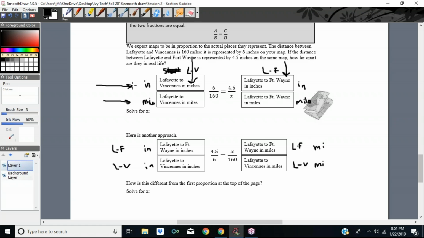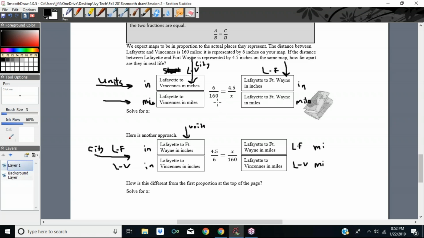So in the top example, the units go across, the cities go down, corresponding city. In the second example, the corresponding cities go across and the units go down. So it's about matching those things up.